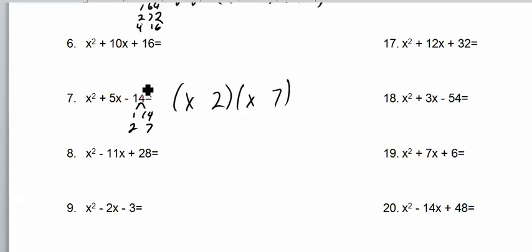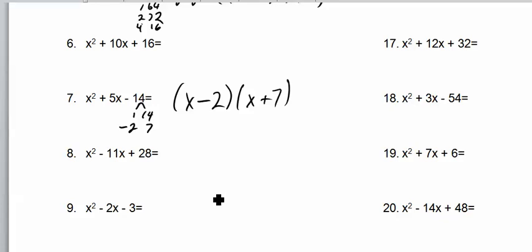Alright, so now 7 and negative 2 equals positive 5. If we did it the other way, negative 7 and positive 2, that would be negative 5.